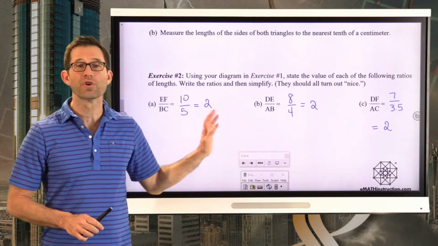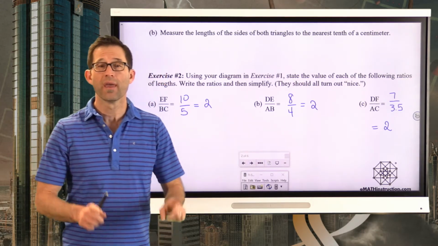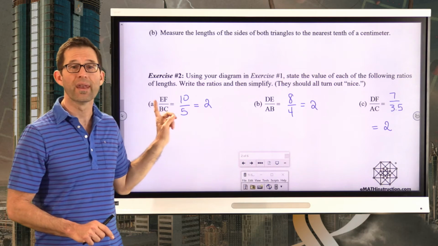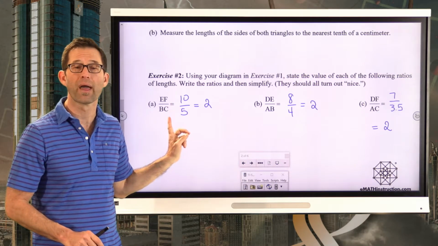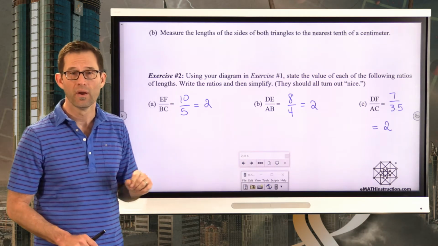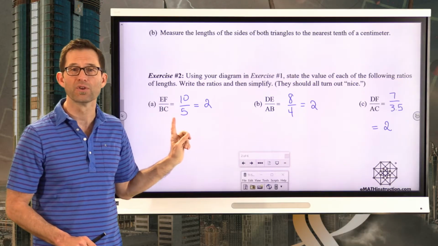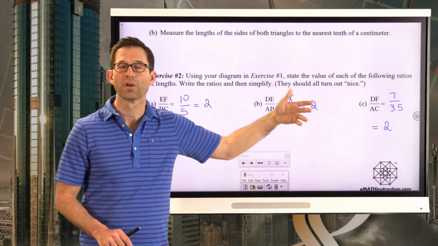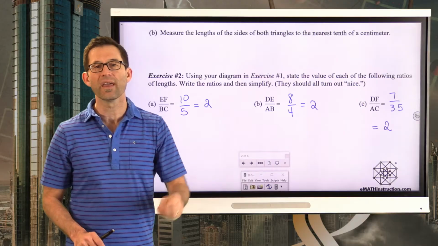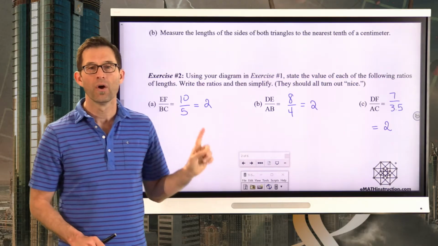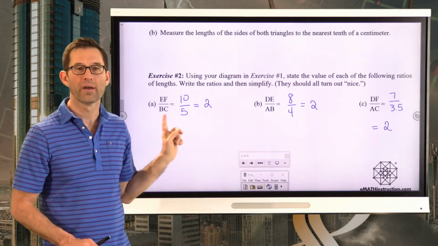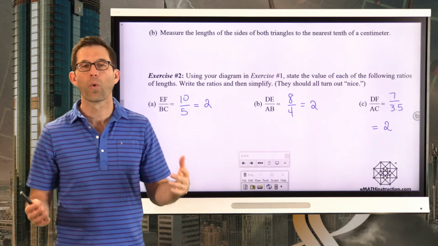Now, we shouldn't be surprised at all these ratios. In every single one of them, we had an image line segment divided by a pre-image line segment, right? So the image divided by the original, etc. And in each case, we found that the image was twice as large as the original. And of course it was.